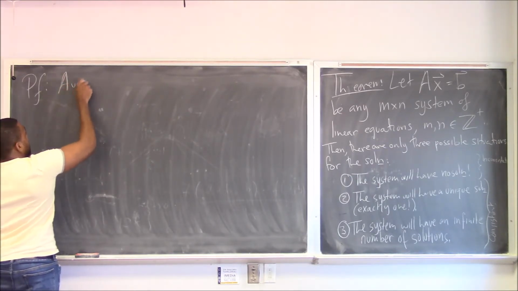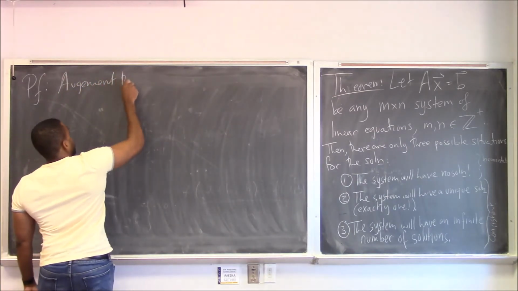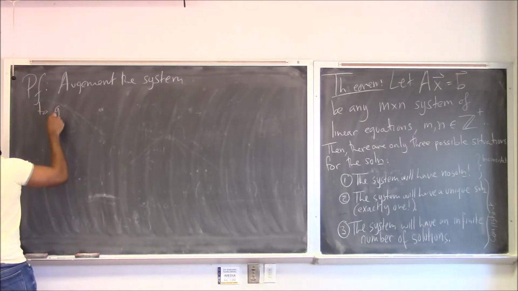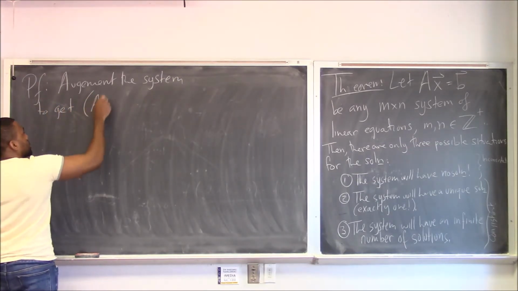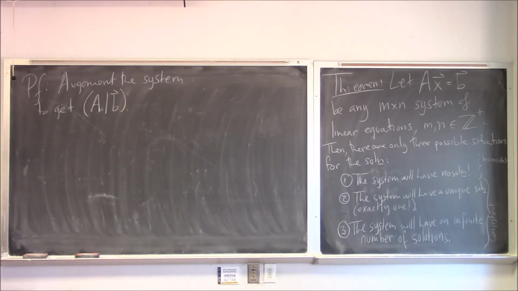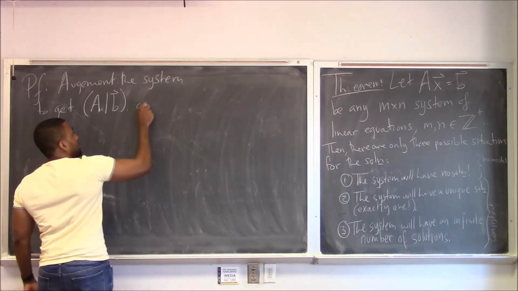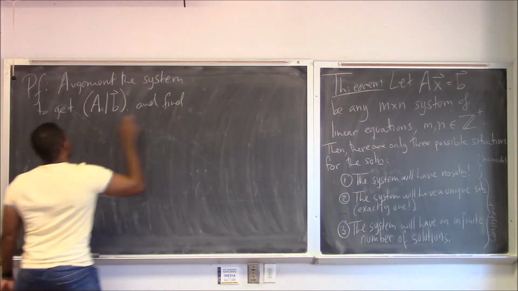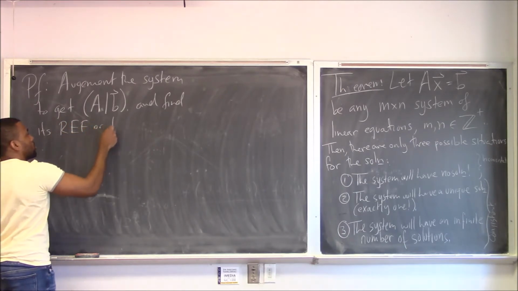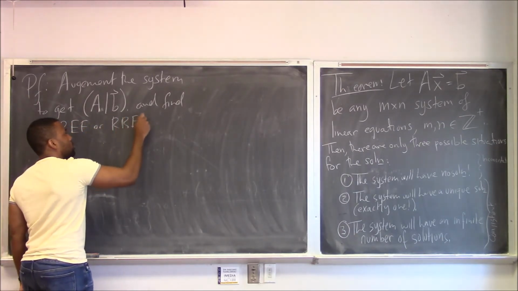Augment the system to get AB, and what do we do with it? Use row reduction. Right. And find its row echelon form or reduced row echelon form. Either one will be fine.